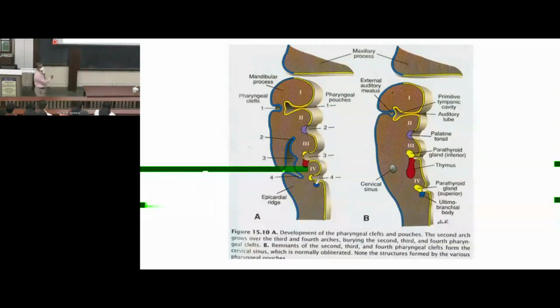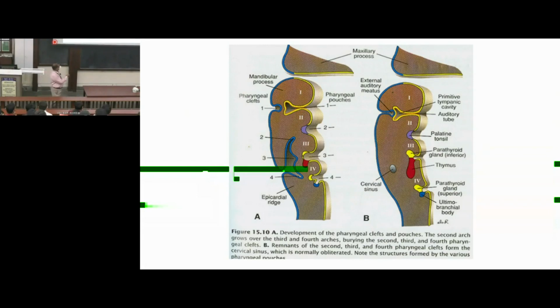The first cleft gives rise to external acoustic meatus. So from inside is eustachian tube, from outside it is external acoustic meatus, and both of them are separated by tympanic membrane. Correct? So very simple to remember.